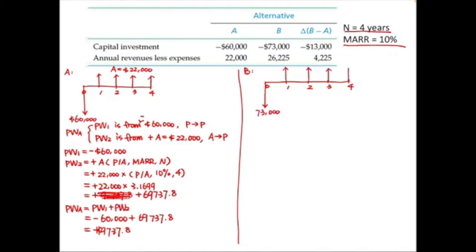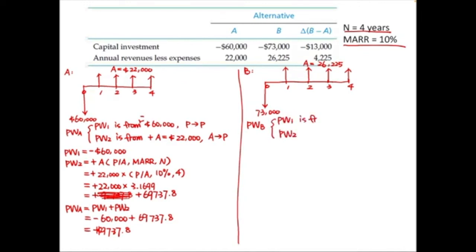So you have longer arrows going upward, and A is 26,225. Okay, so that's the cash flow diagram. And then the same thing, we have to convert everything back to the present time for option B. So we say it's the present worth for B. And still we have 2 parts, PW1, PW2.